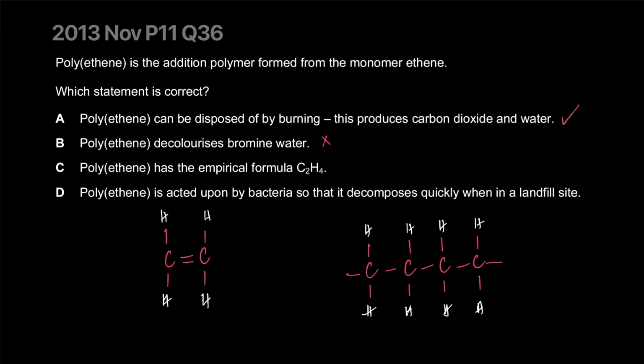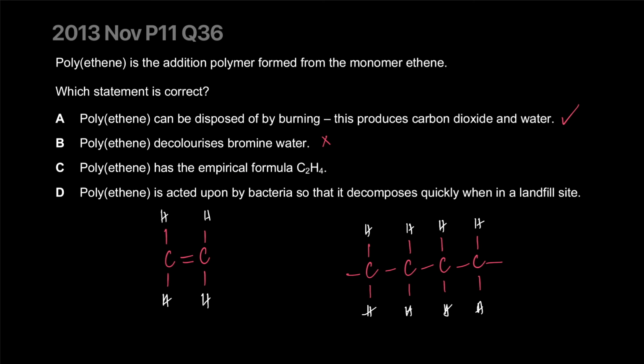This is incorrect. Polyethylene has the empirical formula C2H4. And you'd be thinking to yourself, that's absolutely right. No matter how long I make this chain, any polyethylene will have a ratio of 2 carbons to 4 hydrogens, right? And you'd be right in thinking its formula is C2H4, but that's some sort of general formula.